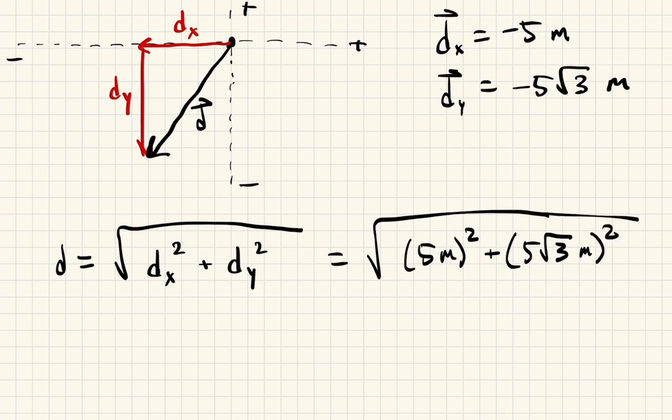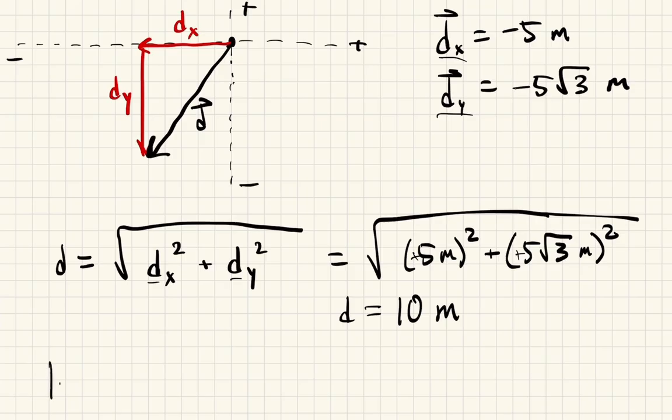And notice how I didn't put the negative sign. Putting the negative sign wouldn't matter because we're squaring these numbers and that would make them positive anyways. But since we're just working with the magnitudes and not necessarily the vector with the direction, we can just write the positive version of our x and y components here, okay? And you would indeed get 10 meters for your magnitude.